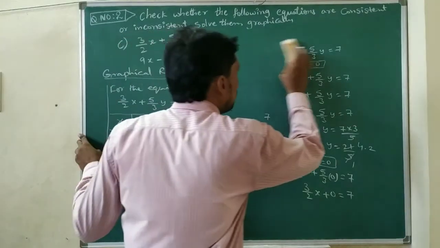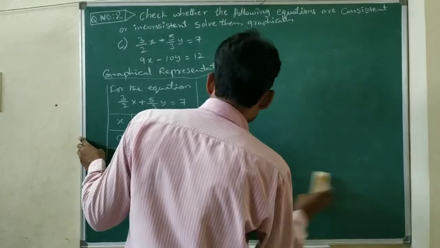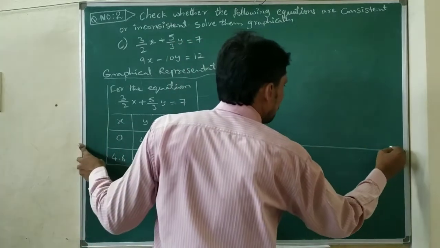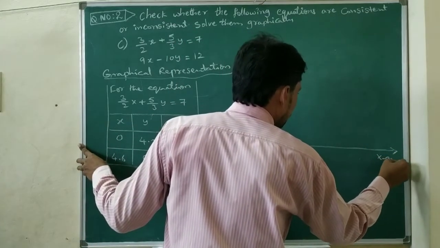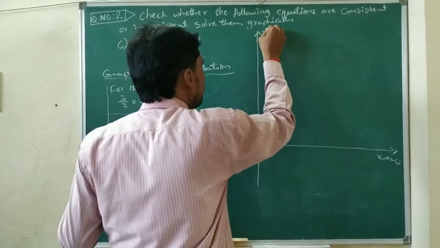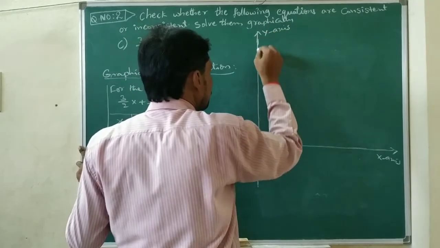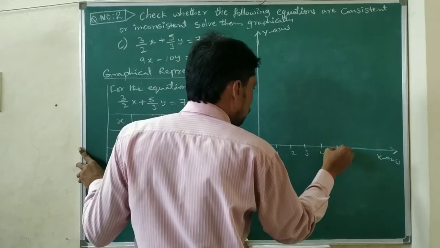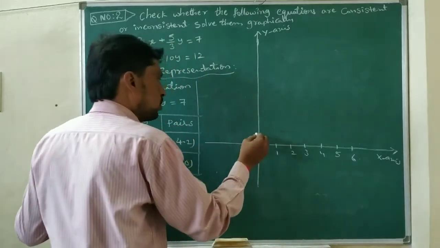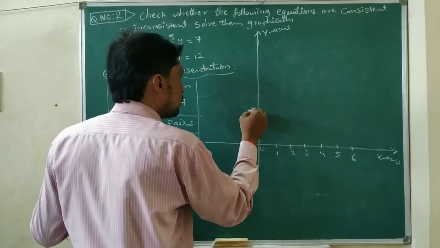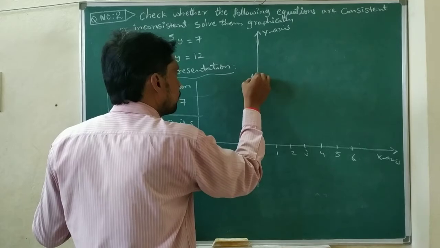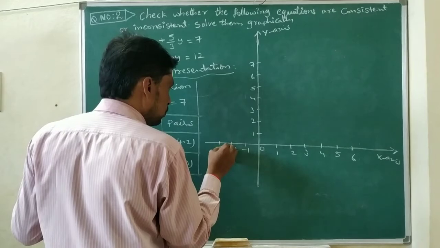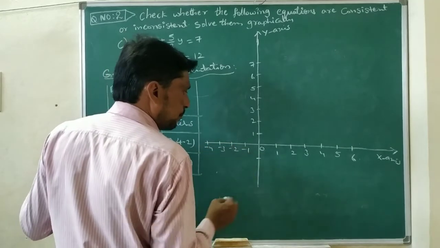Now you can take the graph. This is the x-axis, this is the y-axis. The intersecting point is 0, then 1, 2, 3, 4, 5, 6 and 7 above the 0, and minus 1, minus 2, minus 3, minus 4 to the left of and below the 0.